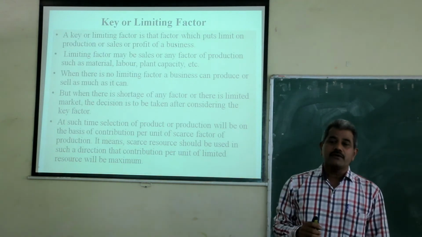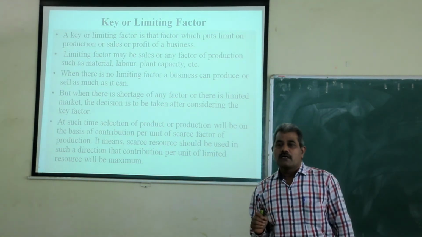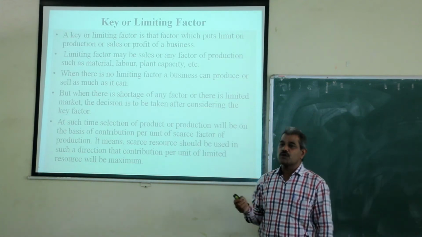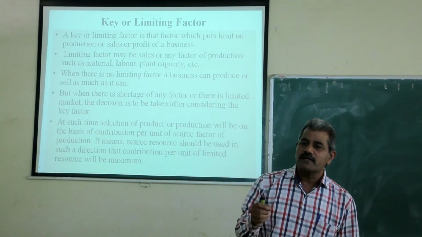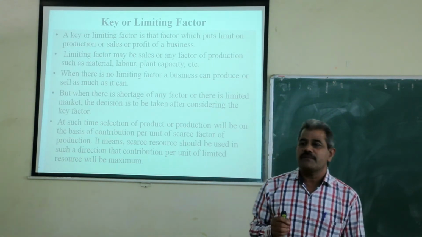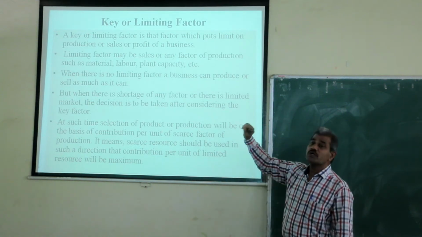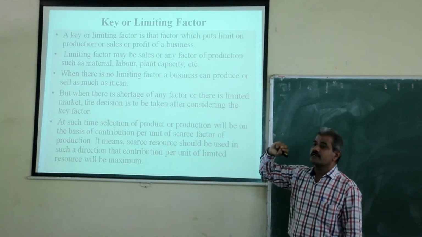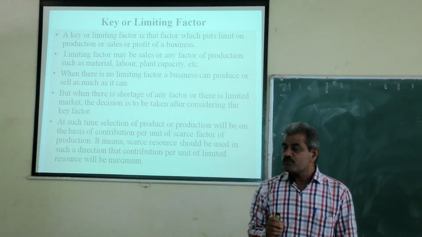One more point to be considered while calculating the PV ratio or any ratio or any item under marginal costing or under CVP, that is key factor or limiting factor.